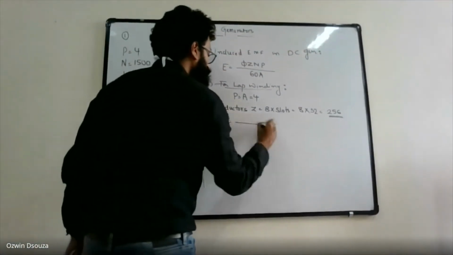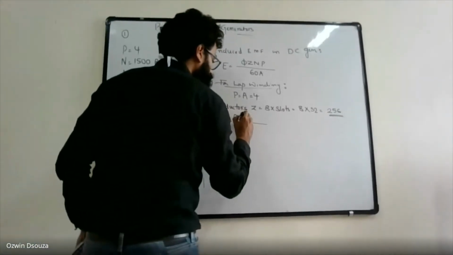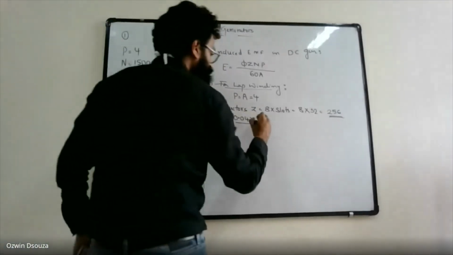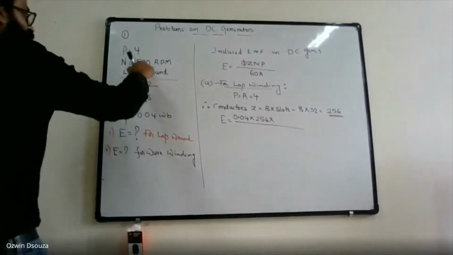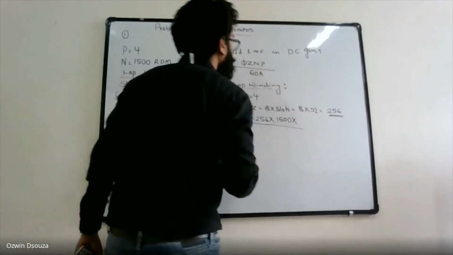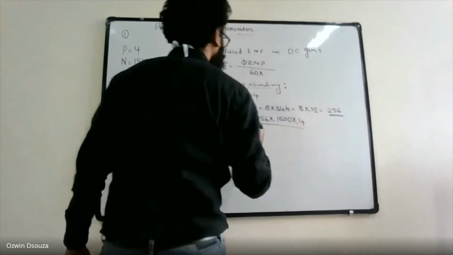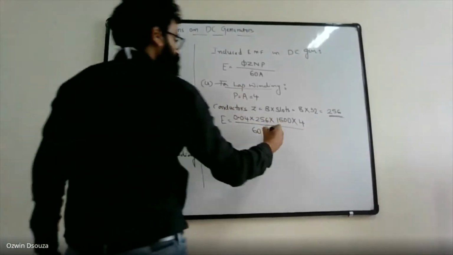Now you can find out EMF. So E is equal to phi 0.04, Z 256, again speed of operation 1500, P is equal to 4, divided by 60 into A. A is equal to P, that is also 4.